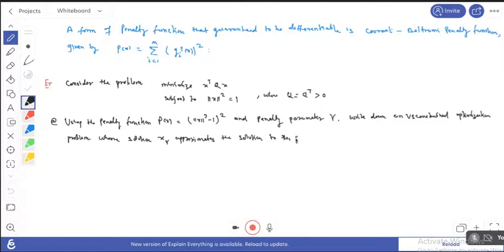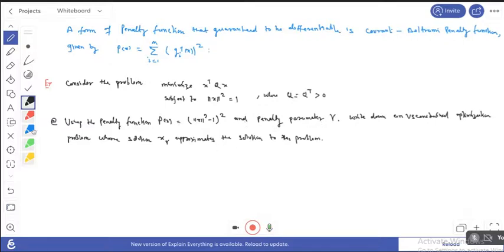Okay, so this means you have to rewrite this constrained optimization problem in the form of an unconstrained problem by using this penalty function and this penalty parameter.